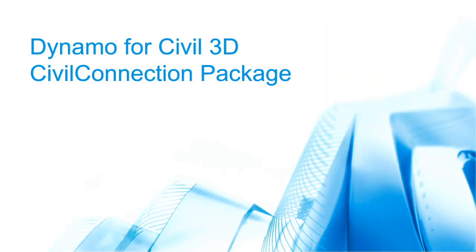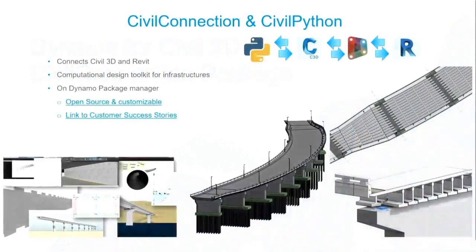Now, the Civil Connection package is the package that you talked about yesterday. It's a very powerful package created by our consulting team as well to connect both Civil 3D and Revit, right? Back and forth. Read certain information from Civil, create Revit objects, and vice versa. So it's meant specifically for linear structures in civil projects.